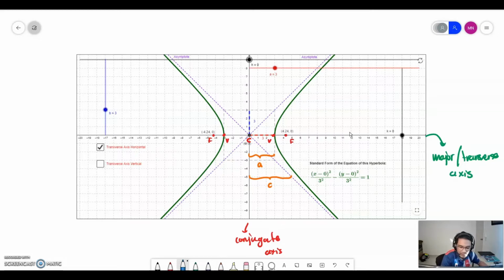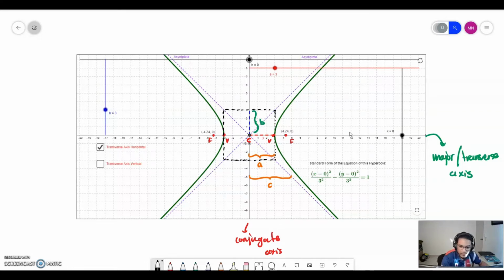And then from the center to this point is the length of b for the hyperbola. What's important in the hyperbola is to identify this box in the middle, because your hyperbola depends on where this box ends.